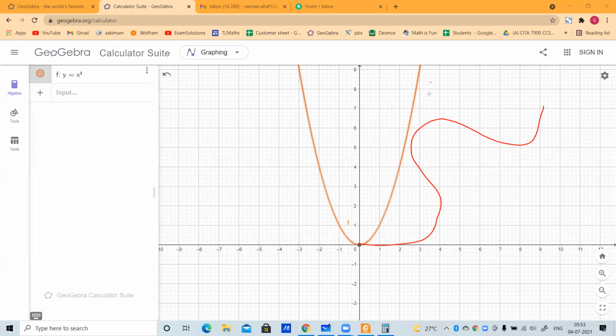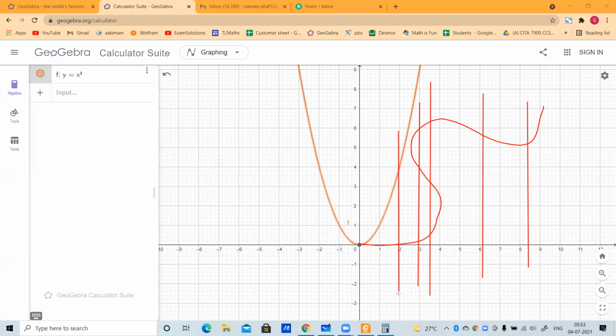I'll put in the vertical lines. So the one on the left is not a function. It's not a function because it's crossing the graph at more than 1 point. The other lines, are they functions?